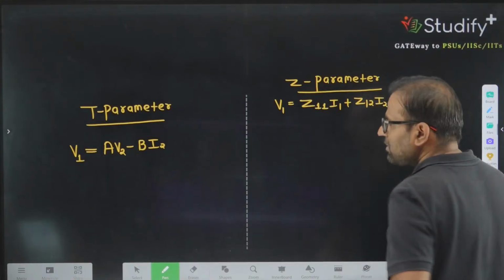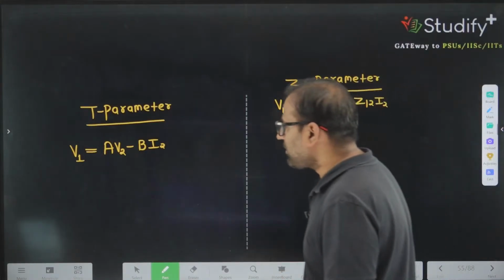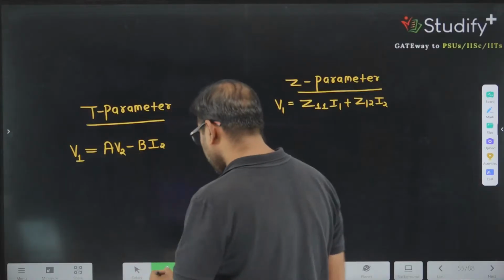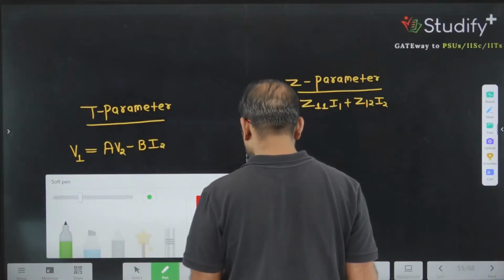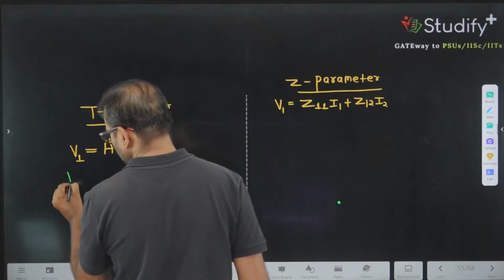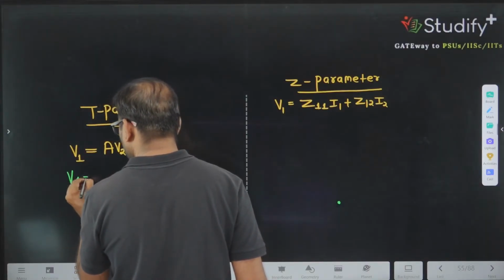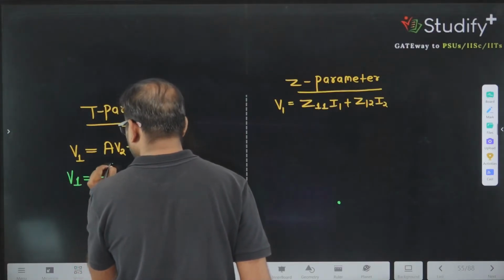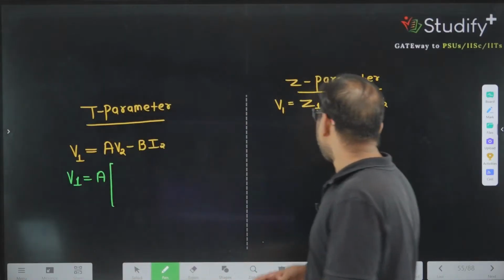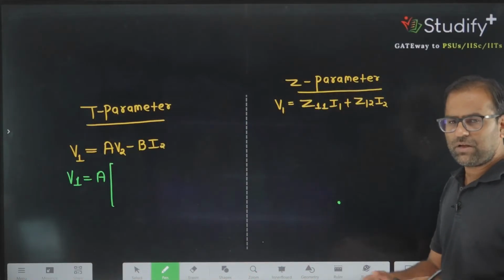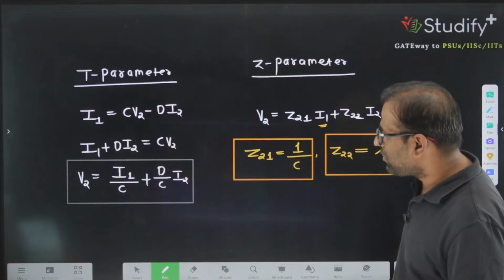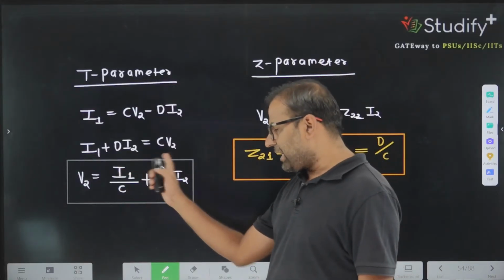So we have to compare these two equations, but what is the problem here? V2 is the problem. So let's replace V2. V1 is equivalent to A times V2. We want I1 and I2 as independent variables, and here is V2. So we can replace V2. What is V2? V2 is again available in the form of I1 and I2.